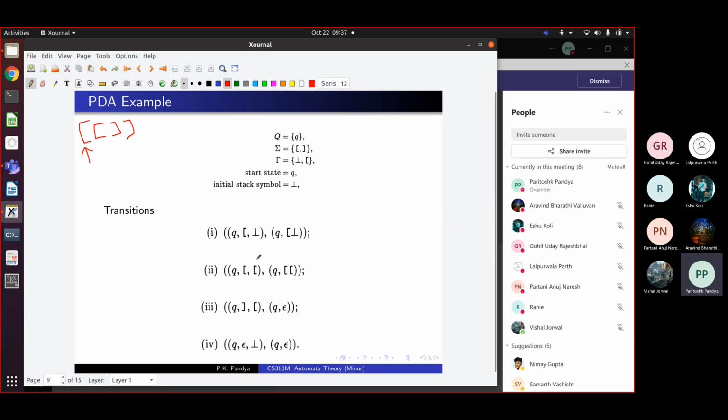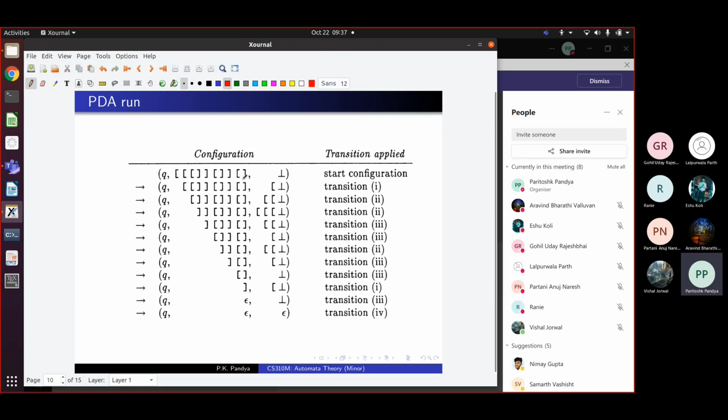Similarly, this rule says if on the top of the stack there is a left bracket and I am reading a left bracket on the word, then I push that left bracket on the stack. So it doesn't matter what is on the top of the stack. If I read a left bracket in the input word, I push it onto the top of the stack. As a result of rules like this, we will get moves in the automaton.